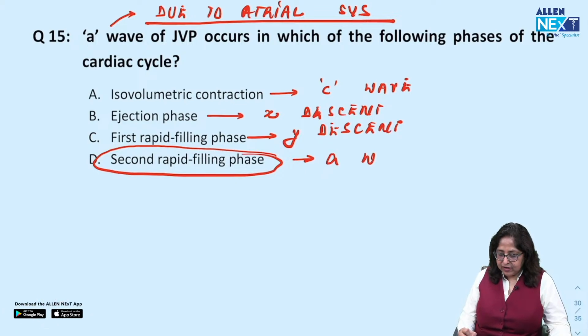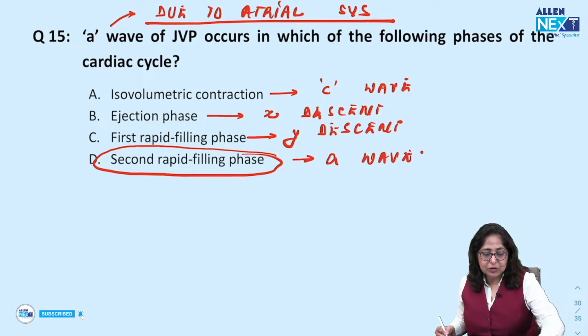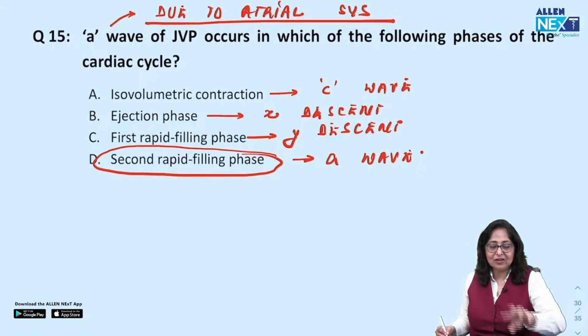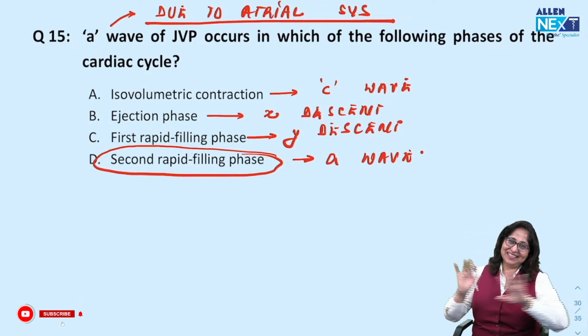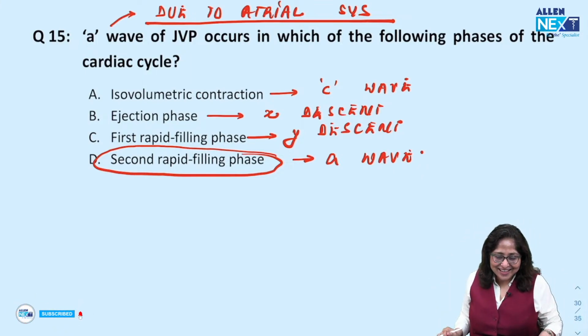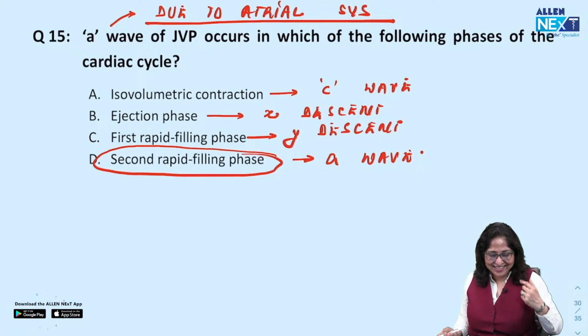The second rapid filling phase, which is due to atrial systole, the answer is A wave, right? So absolutely right, Dr. Anil Soni, yes, A wave generated by atrial contraction, not arterial contamination.